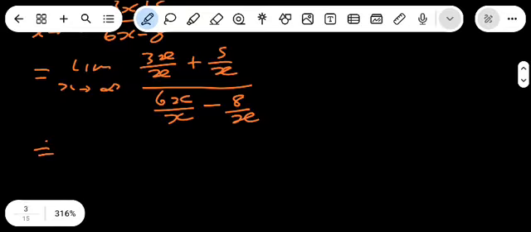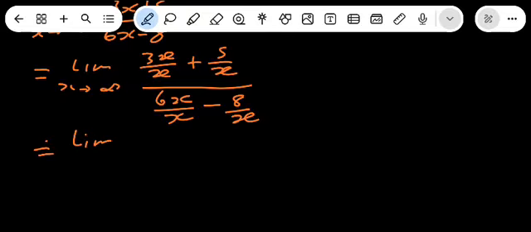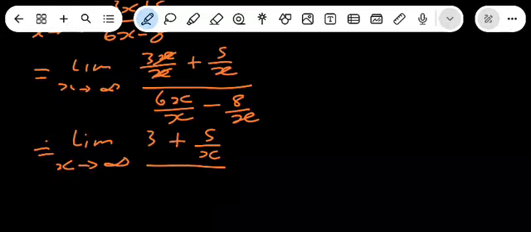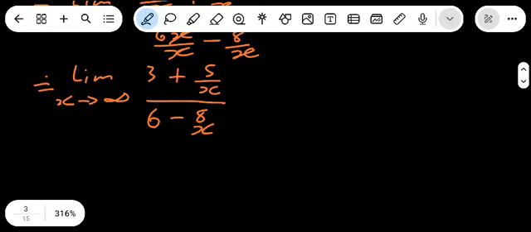This will be equal to the limit as x approaches positive infinity. The x and x will cancel, left with 3 plus 5 over x, divided by 6 minus 8 over x.